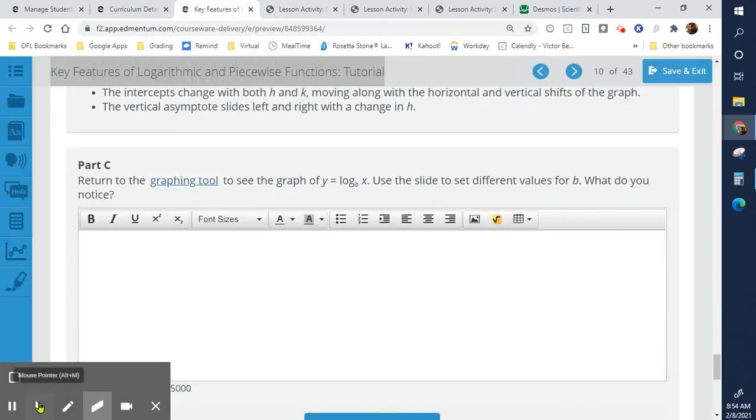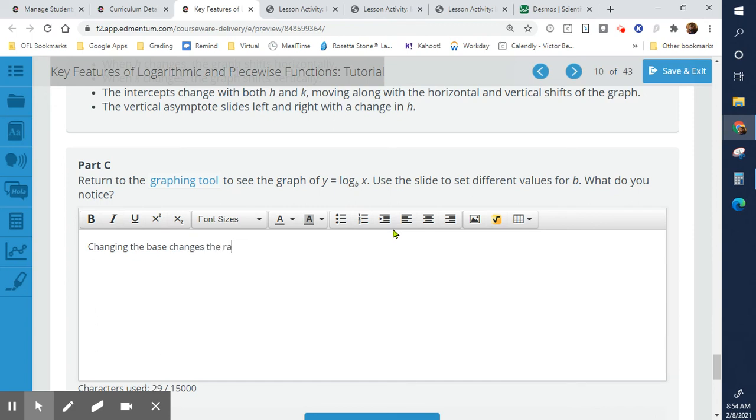So the b, this is known as the base. That little b right there is known as the base. Changing the base changes the rate of growth of the function, but the key features stay the same.